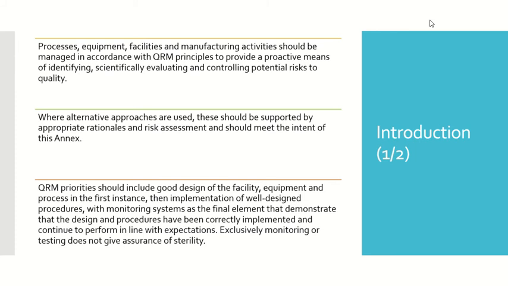So it is very important: design a robust process, decide how to run your process, and then monitor for any kind of deflections you find in your process. That demonstrates your design and process have been correctly implemented and continue to perform in line with expectations. So it is very required to set up the initial expectations whenever you are making a new manufacturing facility, and whenever you're starting manufacturing in your new facilities.